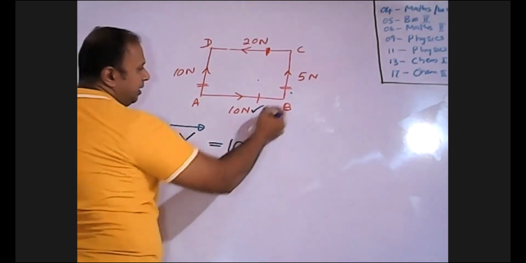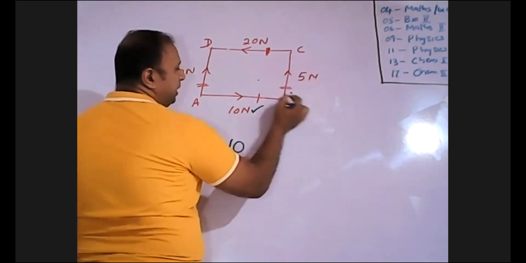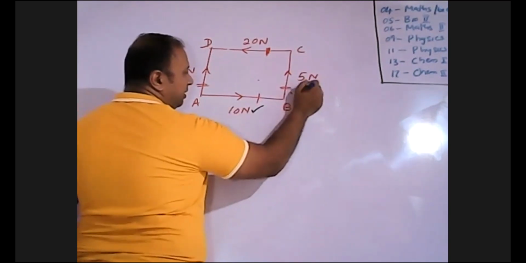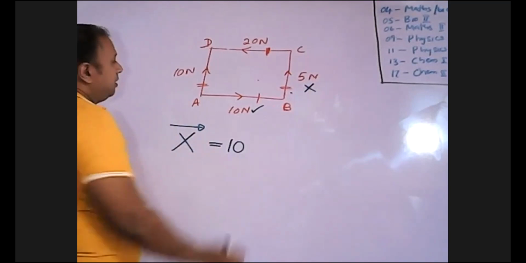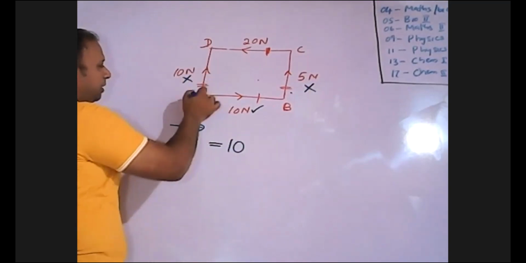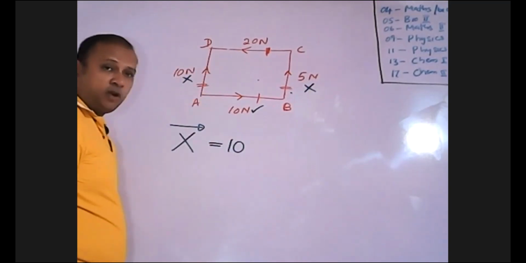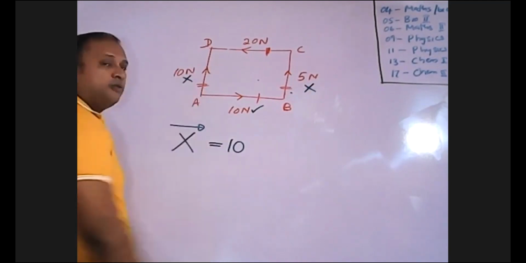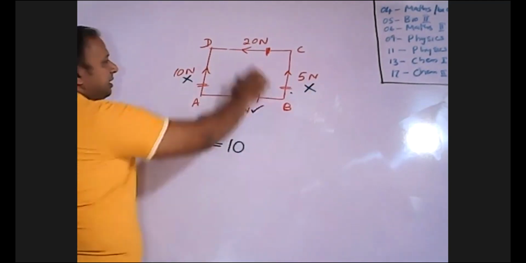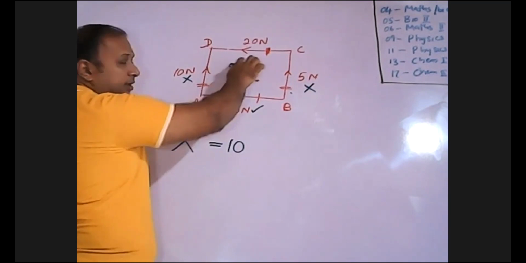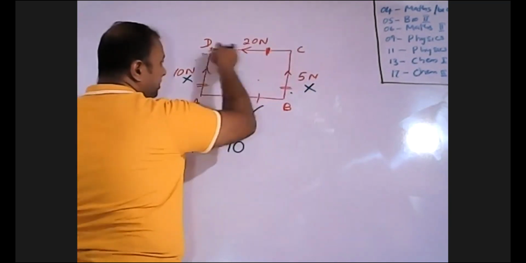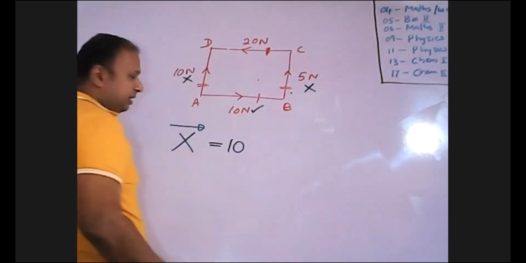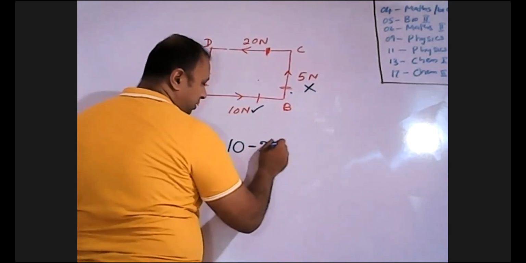Then this is perpendicular to x direction. Therefore, there won't be any component here. This is also perpendicular to x direction. Therefore, there won't be any component from this force. Then here, there's 20 Newton to the negative x direction. Therefore, it will be minus 20.